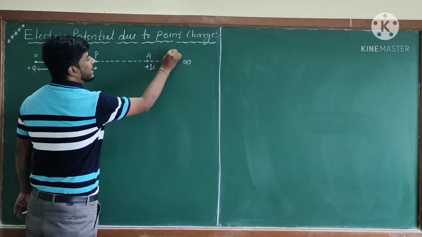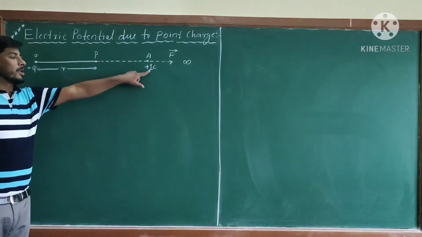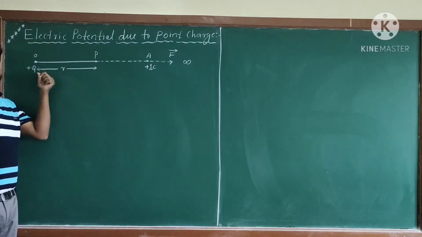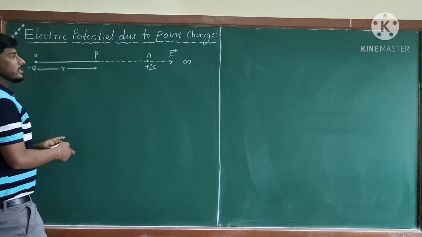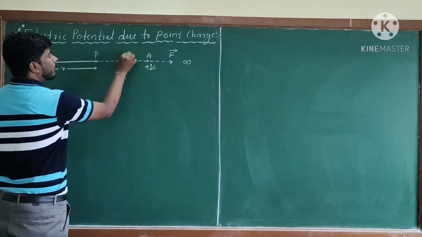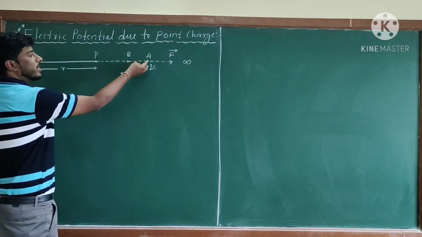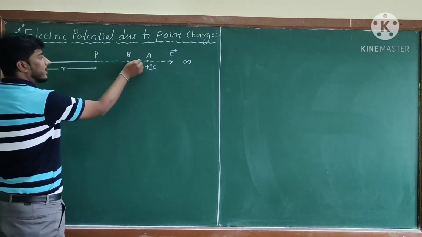So force is in this direction. Now I will consider one more point B here, so that we can move this charge from point A to point B in this direction.